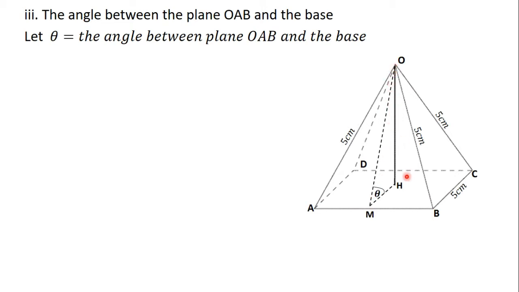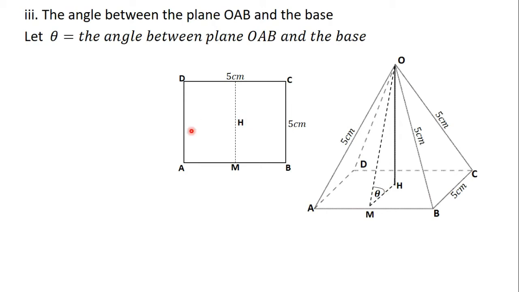We know that OH is the height of the pyramid. We have found out that that is 3.5 centimeters. So we need to find MH. This is the base of the pyramid, A, B, C, D. H is at the center of the pyramid. That means that from M to H will be half of BC. Since H is at the center of the pyramid, from M to H will be the same as half of this distance here, BC.